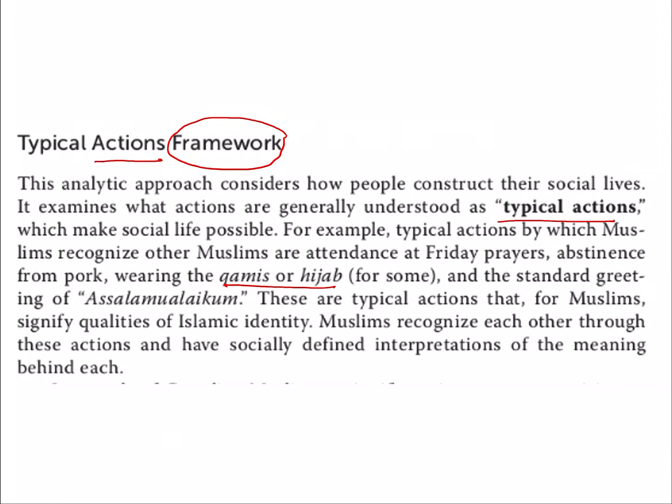A cultural framework example in Canada: think of typical actions Canadians do. People walking across the street, they may not know each other, but especially in smaller towns like Sudbury, the cultural framework supports the idea that people will greet each other. If you're walking a dog, and someone else is walking a dog, typically people will greet each other, say hello, and exchange some politeness about their companion animals.